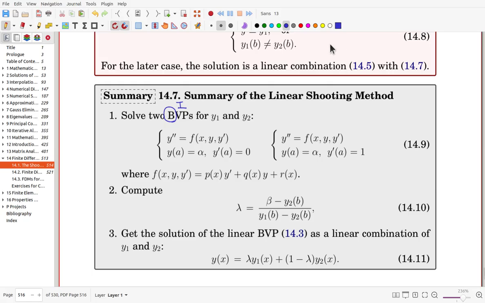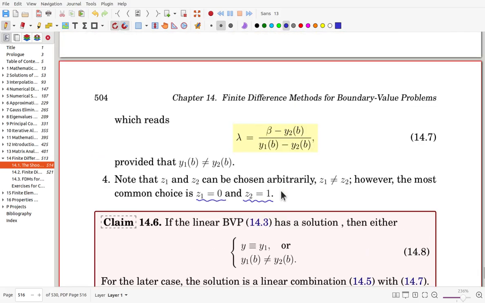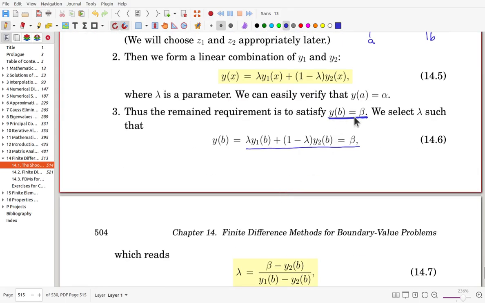So we can find lambda, and along with this lambda, we can get the final solution. This is the desired solution, y. And of course, this y will satisfy that y at b is beta. Right?